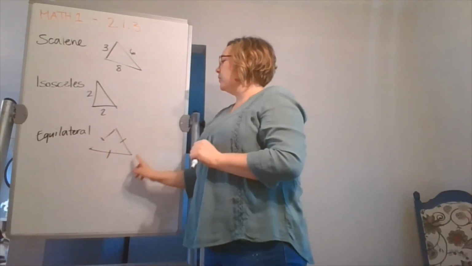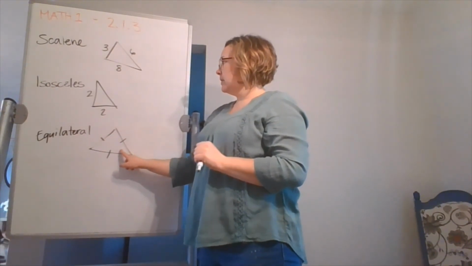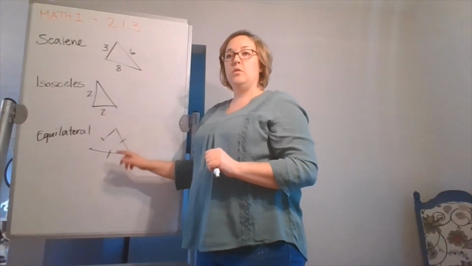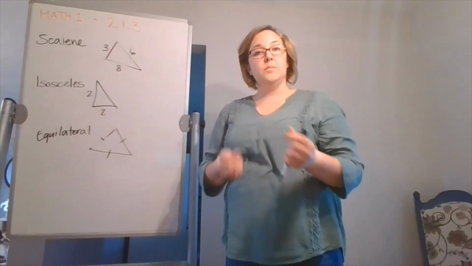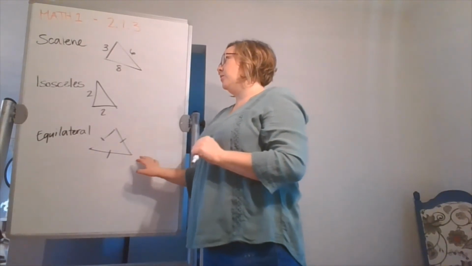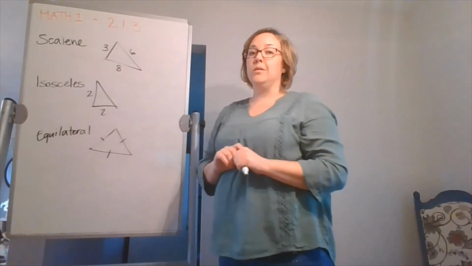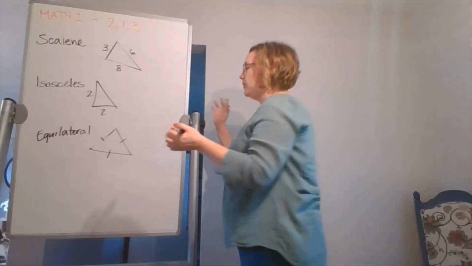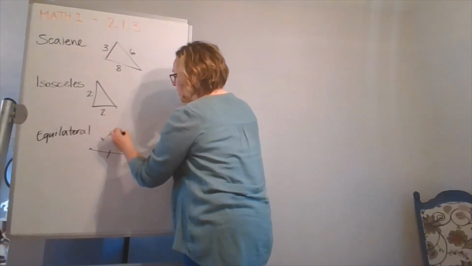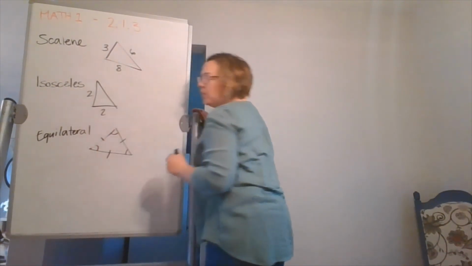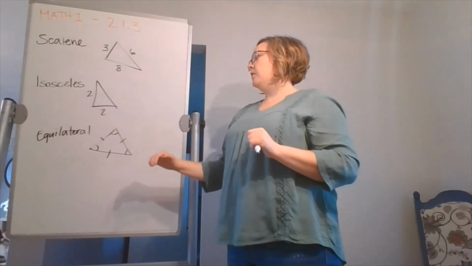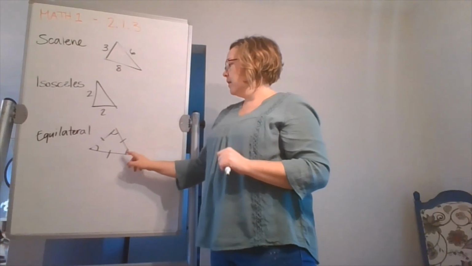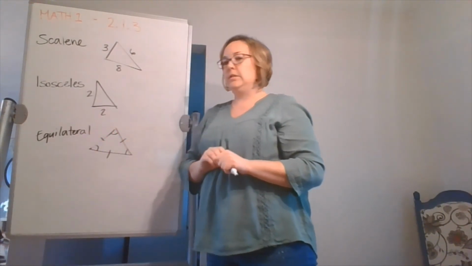An equilateral triangle is always acute. You cannot have an equilateral triangle that is also obtuse, and you cannot have an equilateral triangle that is also a right triangle. So it will always be acute. Because an equilateral triangle has angles that are the same, it's also equiangular. And I told you previously that in equiangular triangles, each angle measures 60 degrees. So all three angles in an equilateral triangle are 60 degrees.